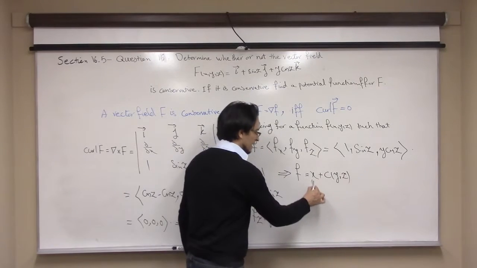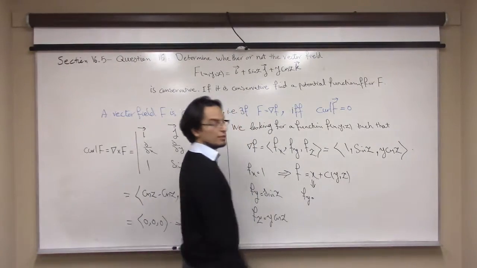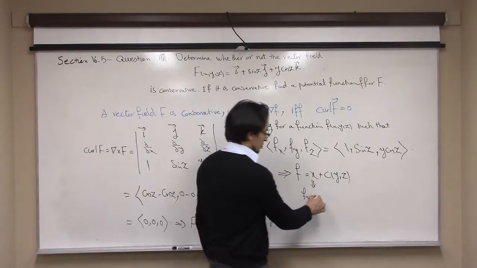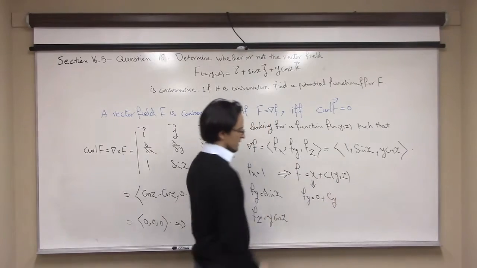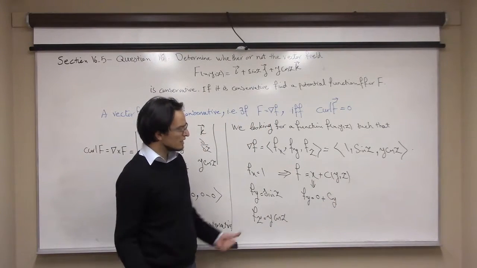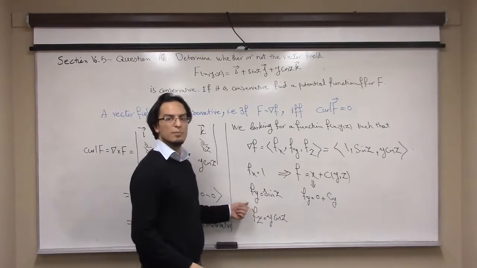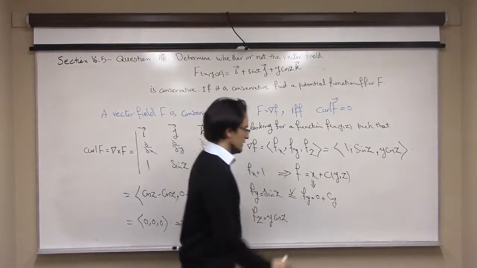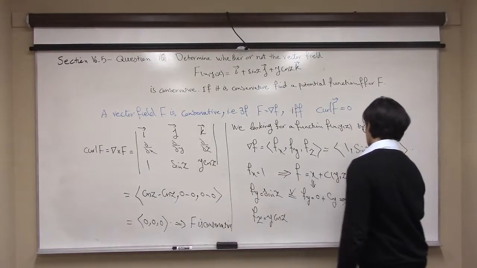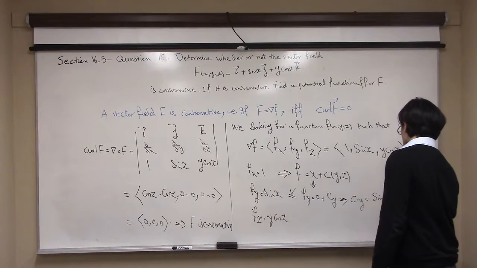Now I can find partial derivative of this with respect to y. It is going to be 0 plus partial derivative of c with respect to y. Why did I do that? Because I know already what is partial derivative of f with respect to y. That means these two should be equal, and then that means that cy is equal to sine z.